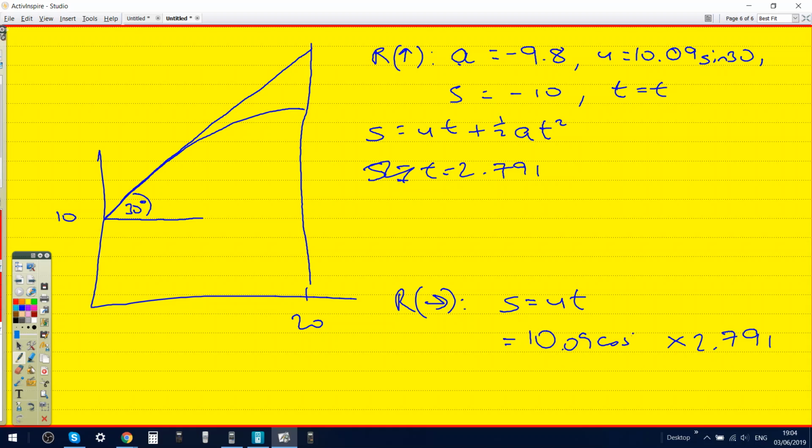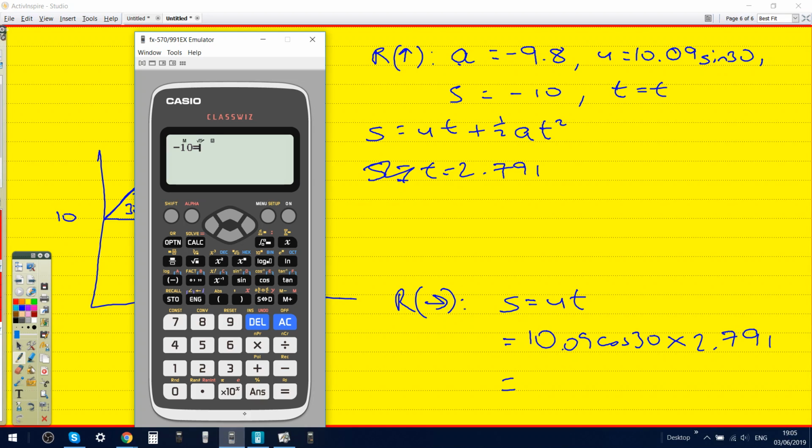I'm getting a syntax error. Oh wait, no, it says 2.03 now. I did -10 equals 10.09 sine 30 times... Oh, sorry, what was your solution for the time up above? Wait, I'm just redoing it because I got it wrong.